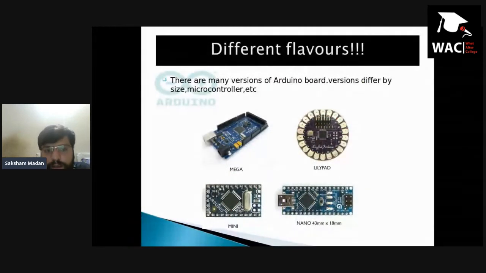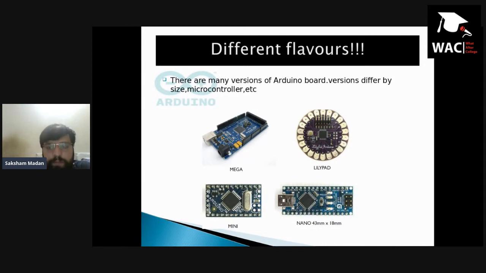There are different types of Arduinos: Mega, Lilypad, Nano, Mini. Based upon what type of application we need, we use different types of microcontrollers and different Arduinos. For example, in wearables we normally use Lilypad because it's quite thin, and it fits easily on any glove and so on.